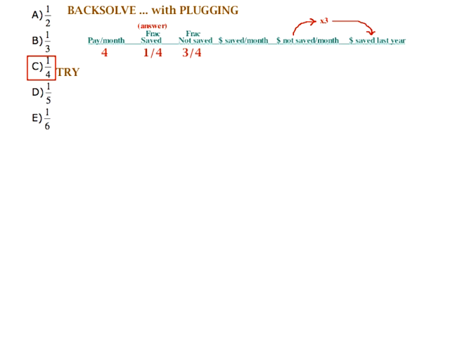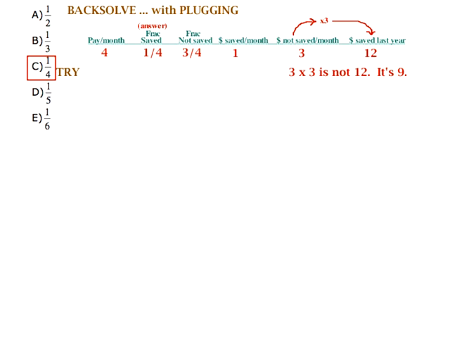That means we're saving $1 a month, and we're not saving $3 a month. So the amount saved last year would be this times 12. That doesn't work though, so 3 times 3 is not 12. It's 9.